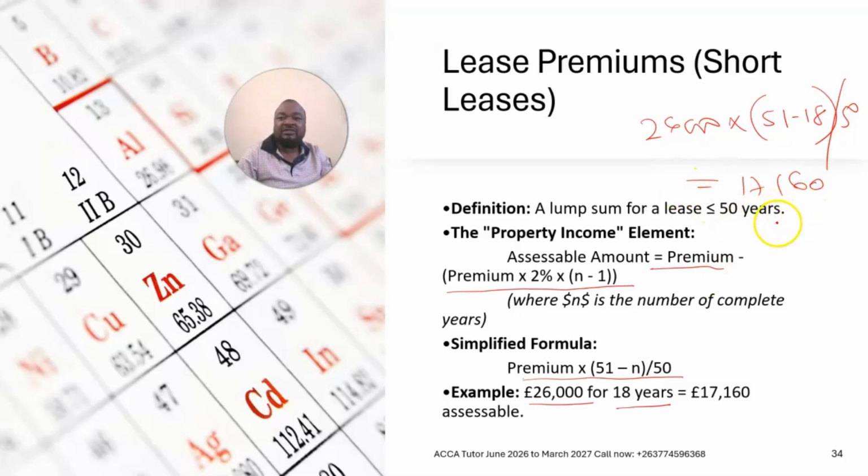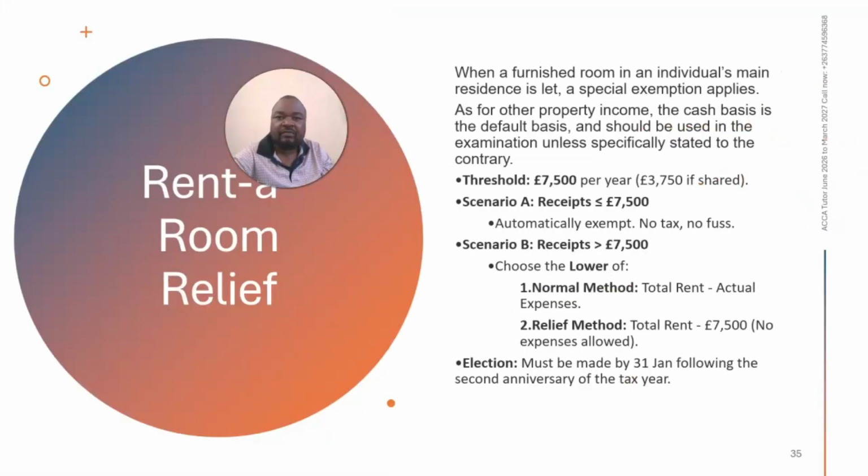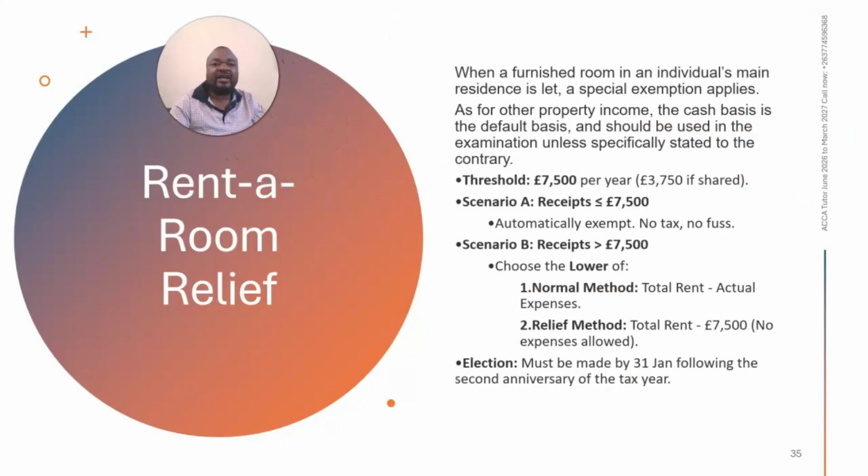This is the amount that is going to be property income for tax purposes, which should be transferred to the non-savings income column. Now, let's talk of the rent a room relief.